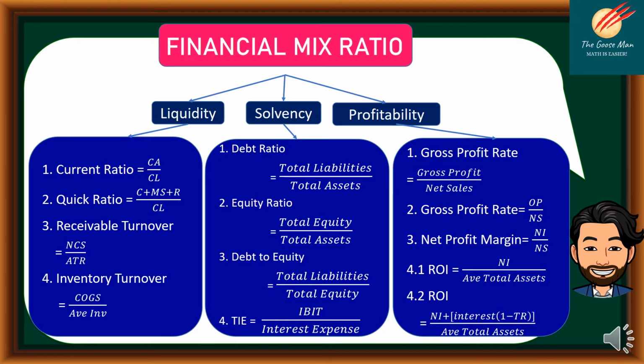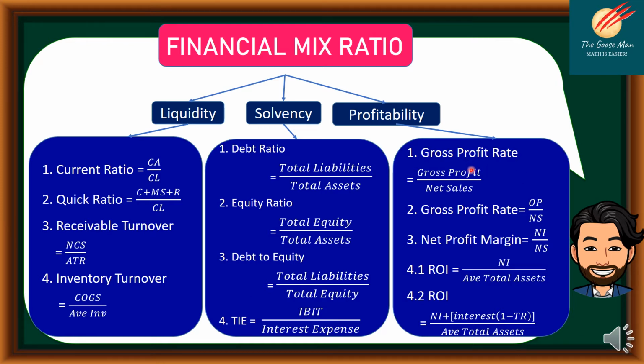For the convenience of our discussion, I write down here the financial mix ratios formula for liquidity, solvency, and profitability. So under liquidity, we have the current ratio, quick ratio, receivable turnover, inventory turnover, while for solvency, we have debt ratio, equity ratio, debt to equity ratio, and the TIE or time interest earned.